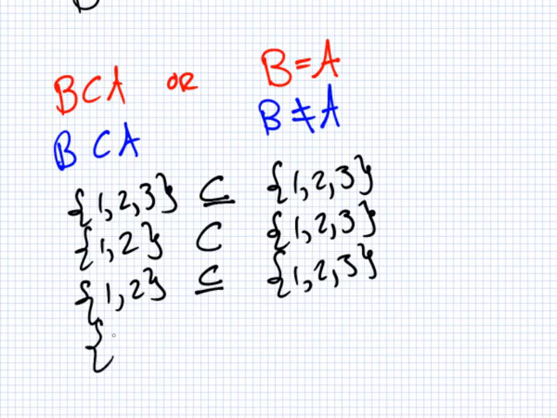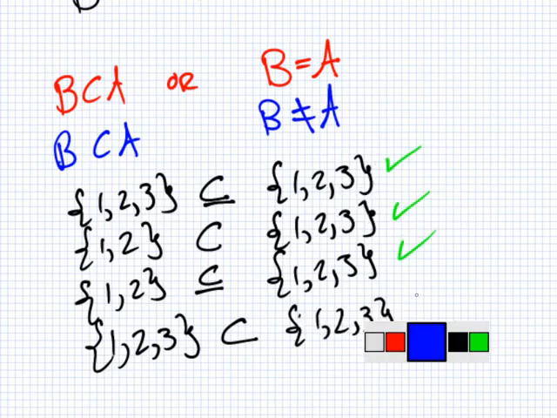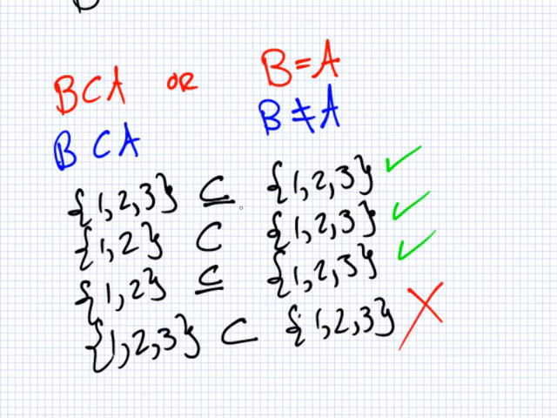But what I can't say, this is wrong, I can't say {1, 2, 3} is a subset of {1, 2, 3}. So it's okay to say this, this, and this, but it's not okay to say this. So just be careful with this one. If you're using this, it means you're very clearly saying that B could not possibly be equal to A, that it must be smaller.